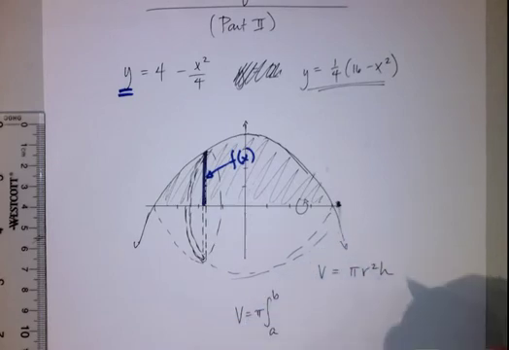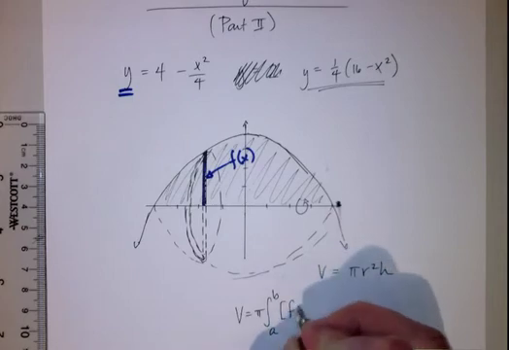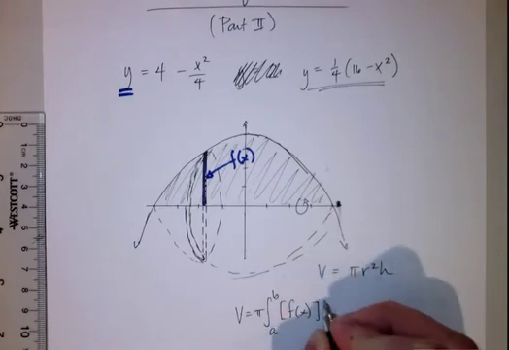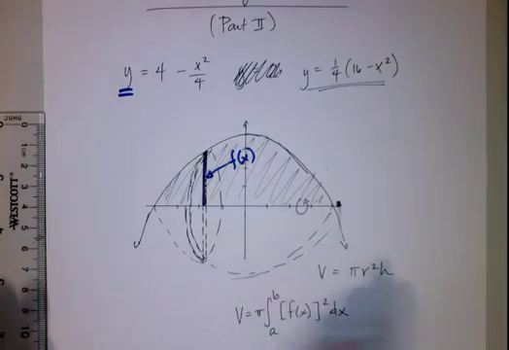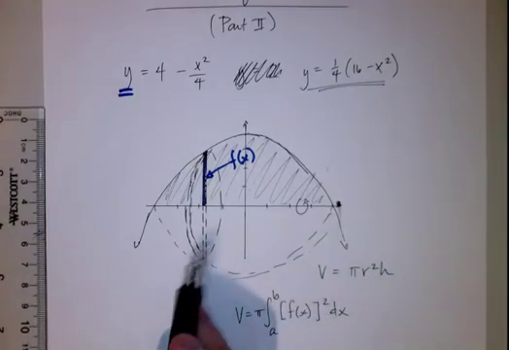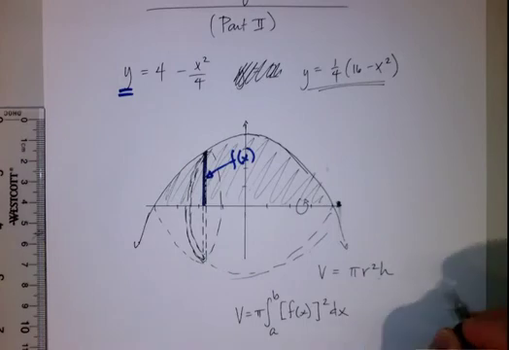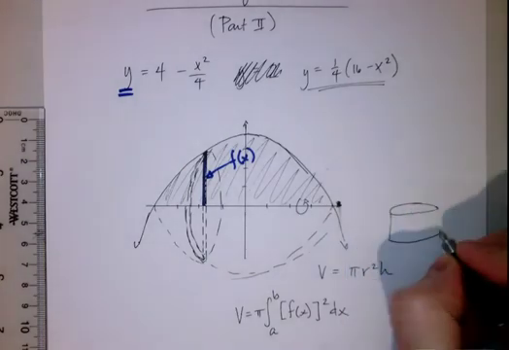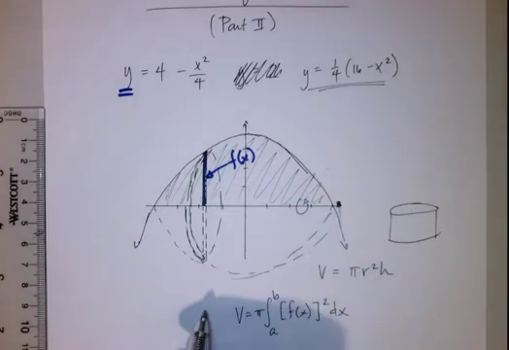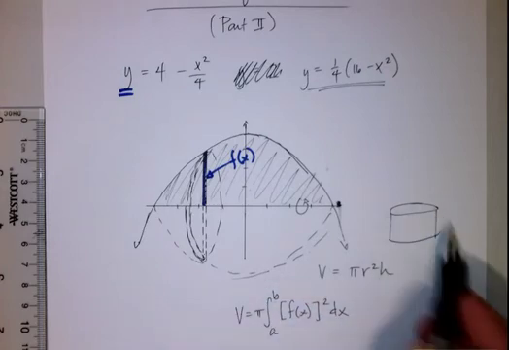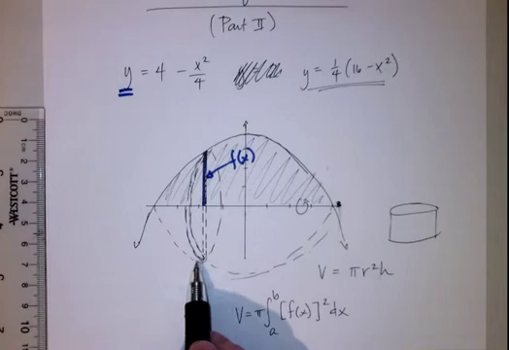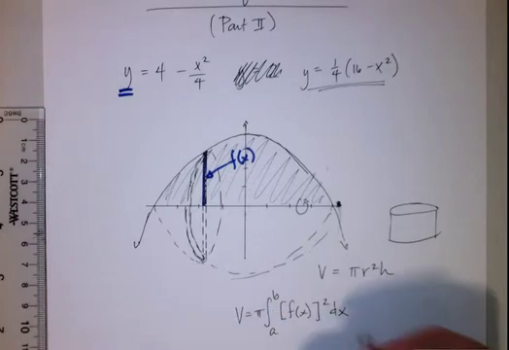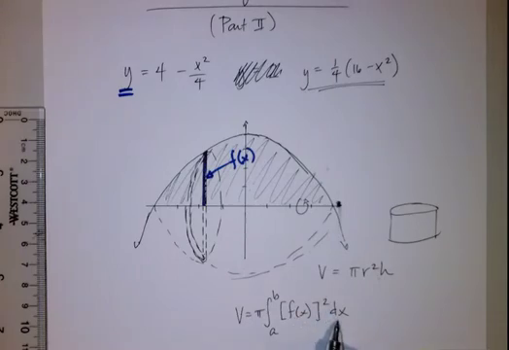We still have the pi. My radius is my function value, and for h, usually we talk about a cylinder standing upright, but since ours are sideways, the height the way we usually talk about it actually represents width. The infinitesimal width being dx. So here's my pi, here's my r squared, and here's my h.